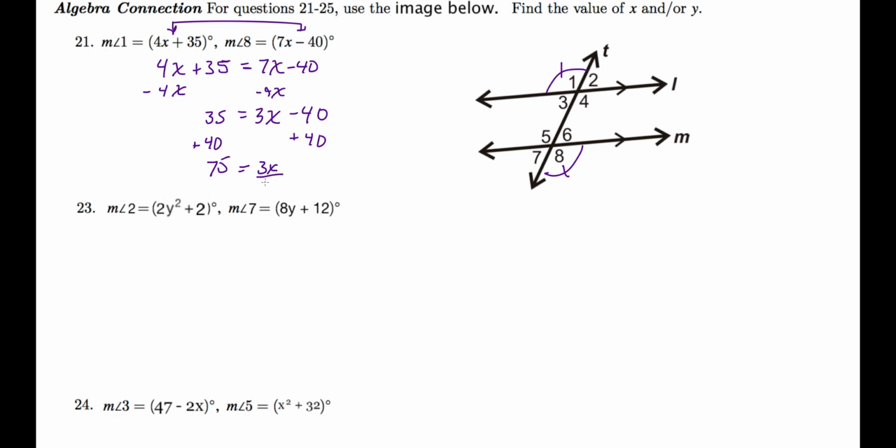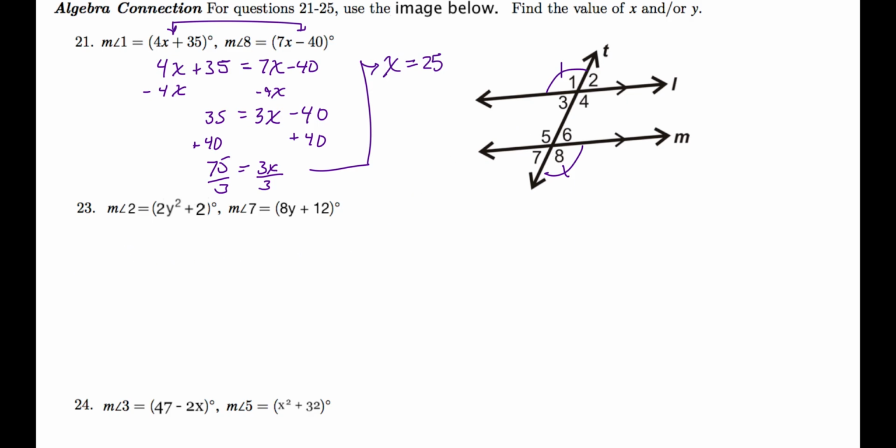If I divide 75 into thirds, that gives me 25, doesn't it? It's 25. Okay, and then if I put it in there, 4 times 25 is 100 plus 35. This would actually be 135 degrees if we were trying to get the angle.